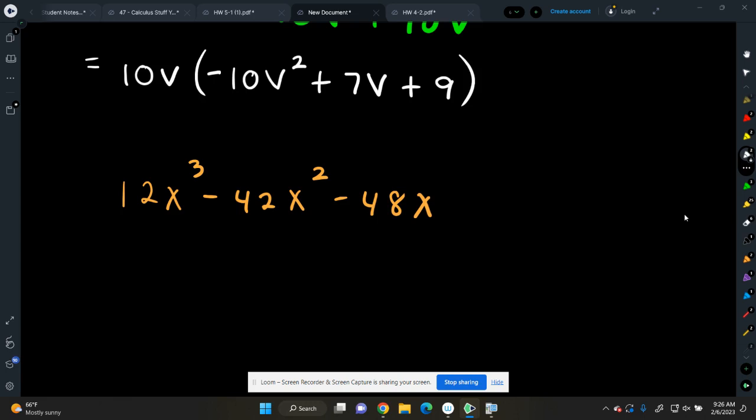So when I start doing that, I'm like, oh, well, maybe it's 12. Well, 12 goes into 12, 12 goes into 48, but 12 does not go into 42, right? So it's going to be 6. 6 goes into all 3 of them, and that's the biggest number that will go into all 3 of them. Okay? So we're going to take a 6 out.